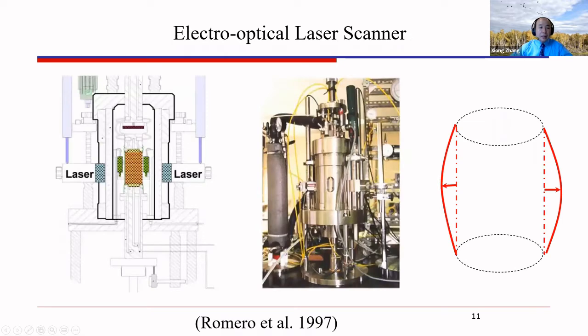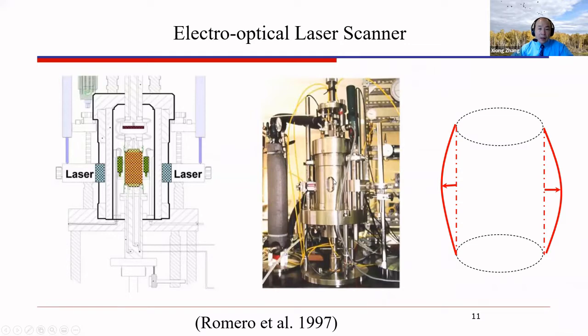And then another method is to use some kind of optical laser scanning method. What this is, I took from a report from some researchers at the Technical University of Catalonia in Barcelona, Spain. What they did is they replaced the outside cell with very thick stainless steel.